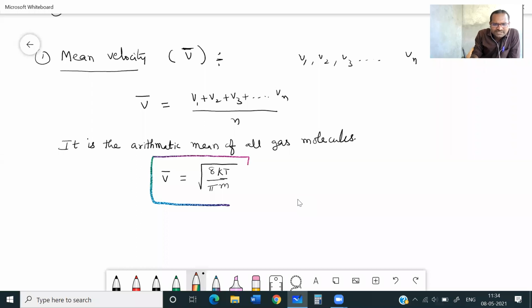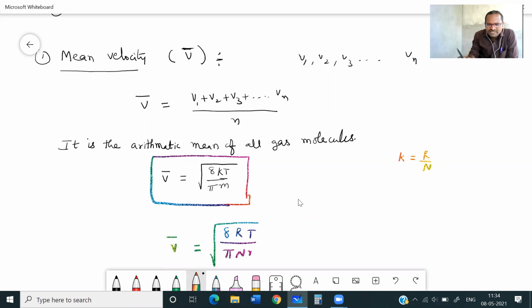Very important formula. Or it can be written as, we know K is equal to R by N, so average velocity can be written as under root of 8RT by pi capital M, total mass of a gas.